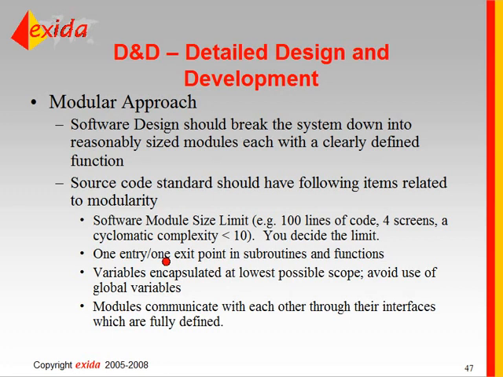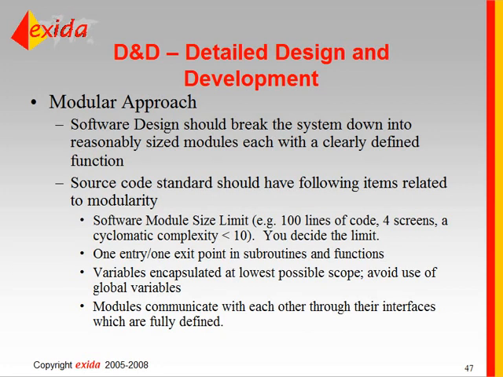One entry point and one exit point in subroutines and functions. Variables should be encapsulated at the lowest possible scope. Avoid the use of global variables. So this essentially means if you have a variable in a function, all manipulations to that variable should take place in that function. So if a different person is reviewing that function later on, or changing it or maintaining it, they want to be able to see what can happen to that variable.